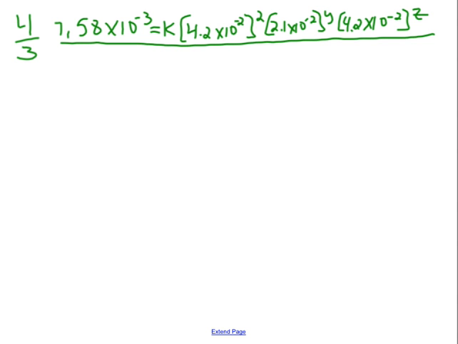Divide all of that by experiment 3, which is 1.34 times 10 to the negative 3 is equal to k times 2.10 times 10 to the negative 2nd squared, because I know that from what I solved for in my first part. This is going to be the same.